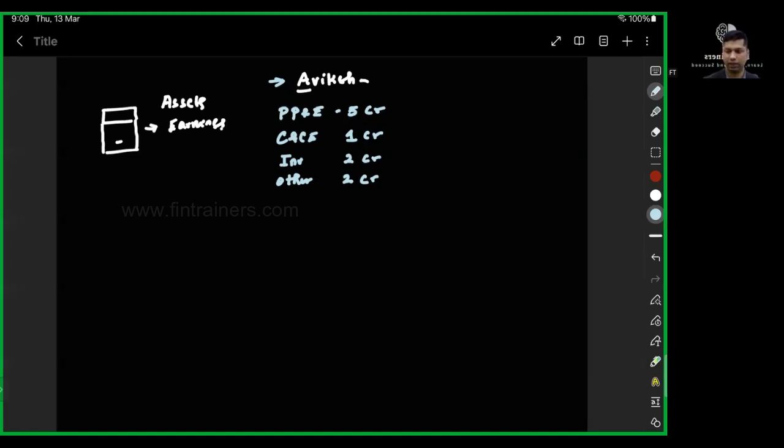Subtract the liabilities. Now on the liability side, what do you have? You have some debt, loans or borrowings. Let's say this is 2 crores. What else might you have? You might have accounts payable, so let's say that is another 1 crore.